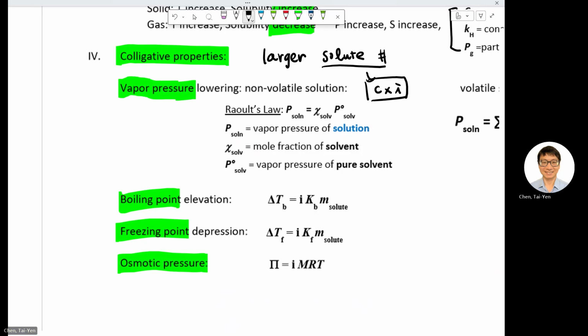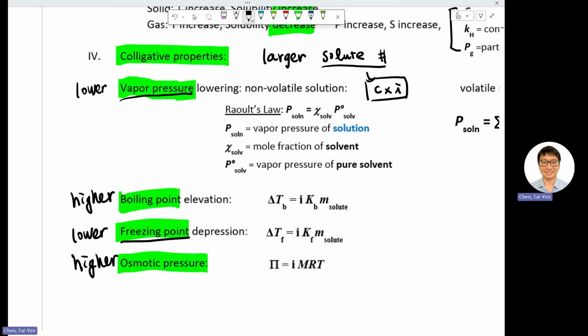If you have a larger solute number, then you're going to have a lower vapor pressure, lower freezing point, higher boiling point, and higher osmotic pressure.